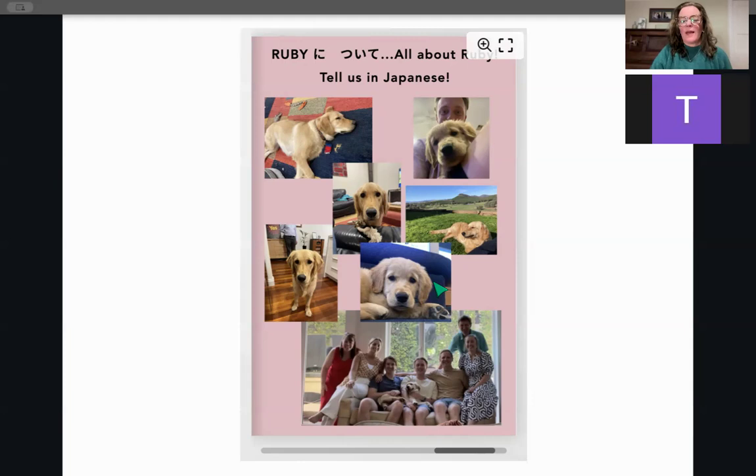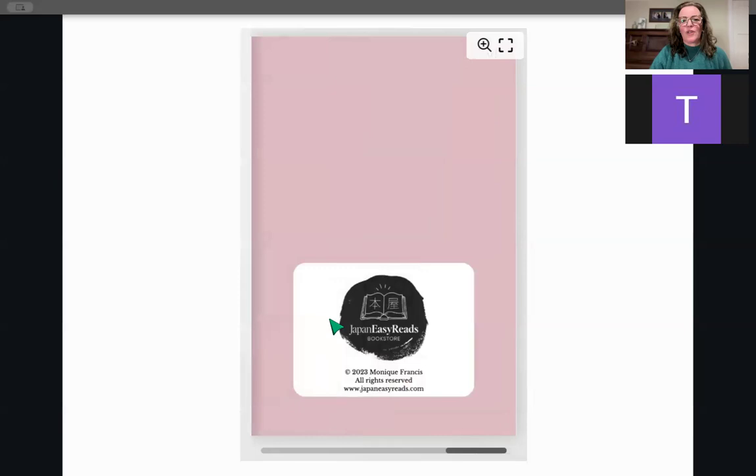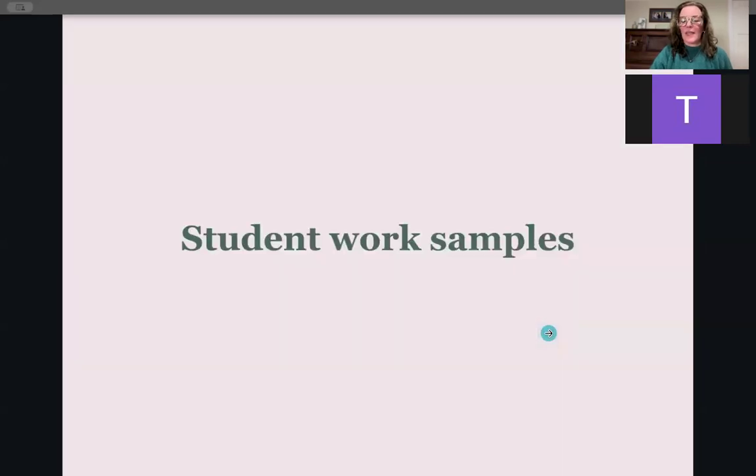Ruby wa beach ga suki desu, so they had moved into suki desu. And Ruby wa chiisai desu, Ruby wa ookii desu. So lots of opportunity for them to use the language that they have been exposed to and been given lots of input on.